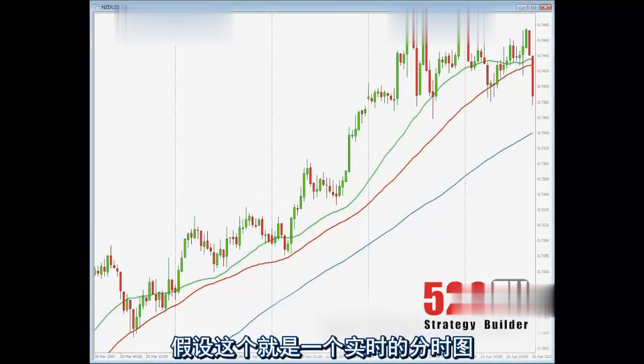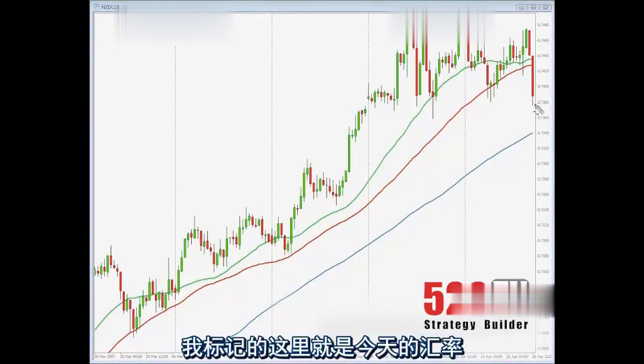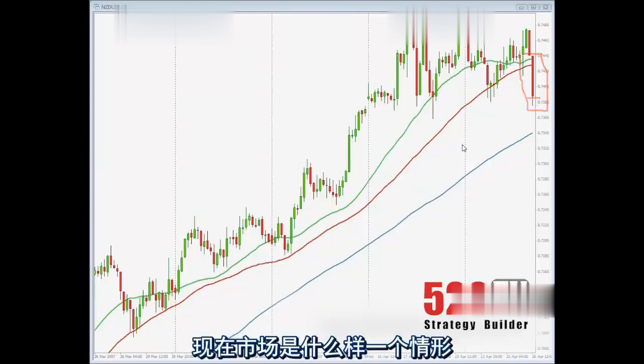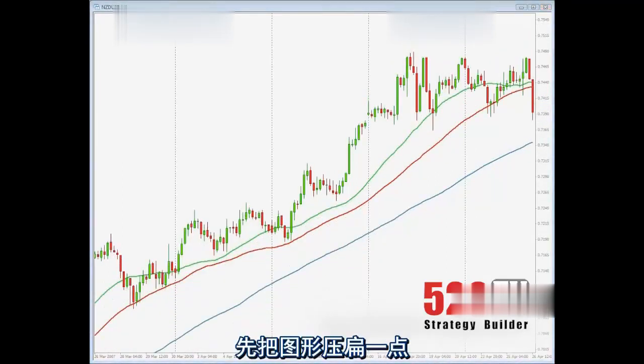Let's assume this is a live chart, and this is the current market price at this level. Let's try to read what's going on in this chart.